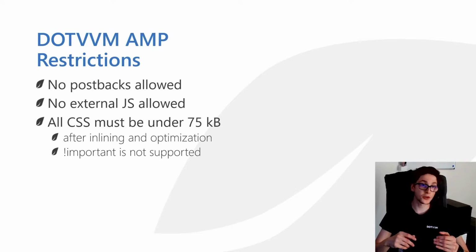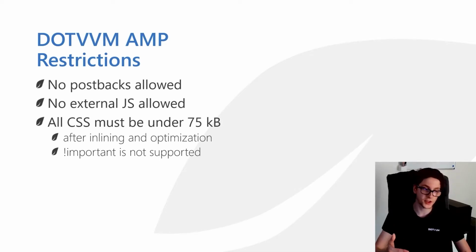Any communication which you want to do with the server needs to come as GET requests, when you will be provided a new version of the page. Also, the CSS limitation is still applied, but you no longer need to combine all your styles into one inline element. DotVVM AMP does this for you.